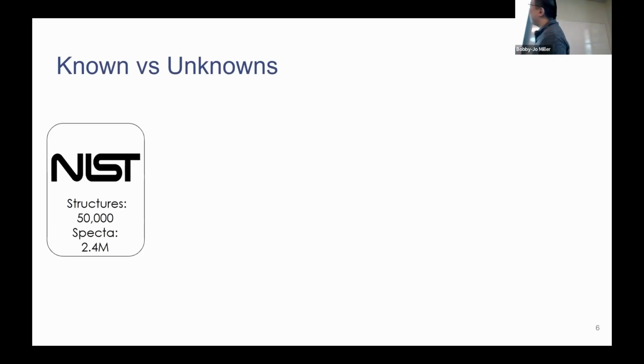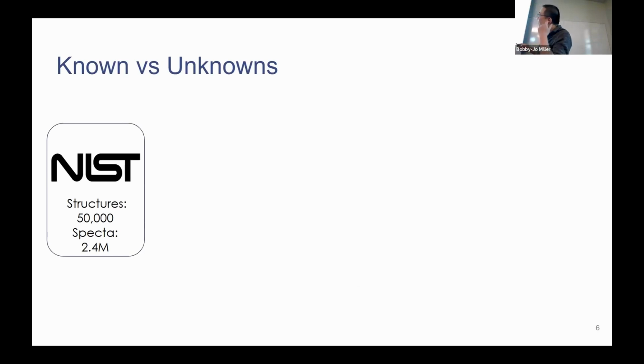To give a perspective of how small this is, let's look at what we know as of today. This is NIST. NIST is an American government organization, but courtesy of them, they also prepared the standard database and made it publicly available after you pay them a couple thousand dollars.